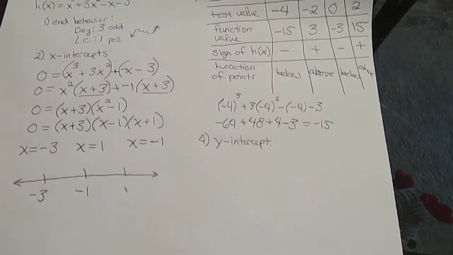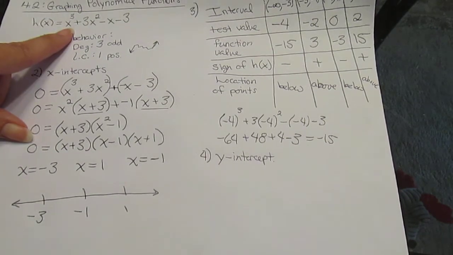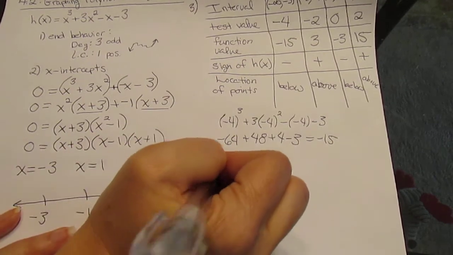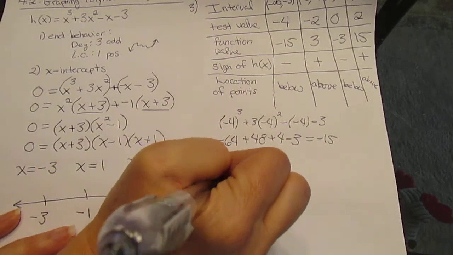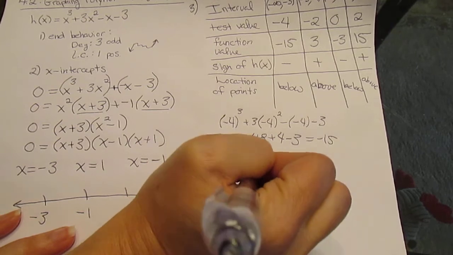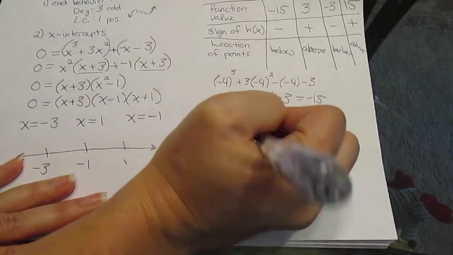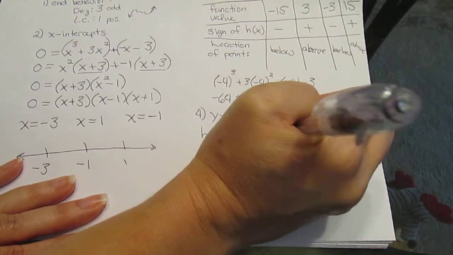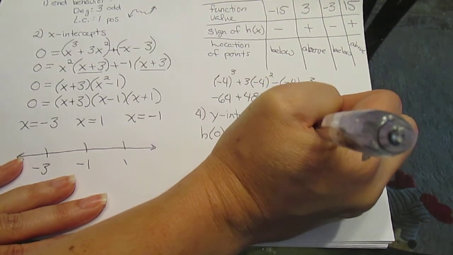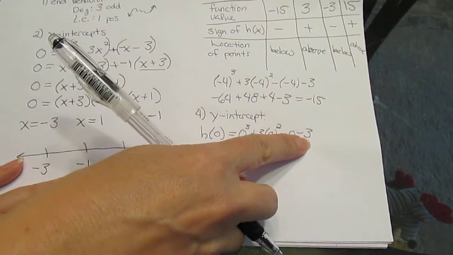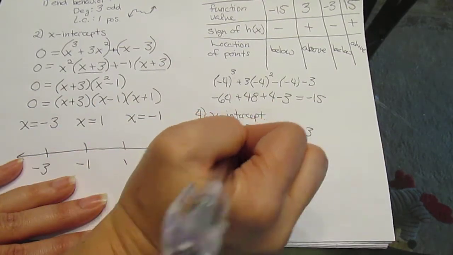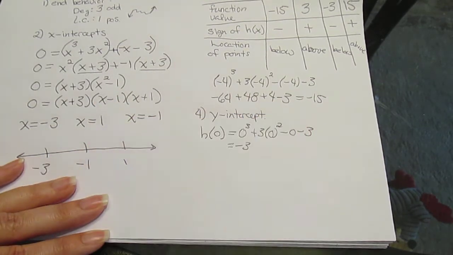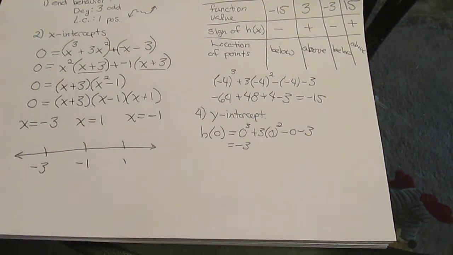Okay, well, to find the y-intercept, we plug 0 in for x and solve for y. And we see that we're just going to be left with -3. Okay, so (0, -3) is our y-intercept.